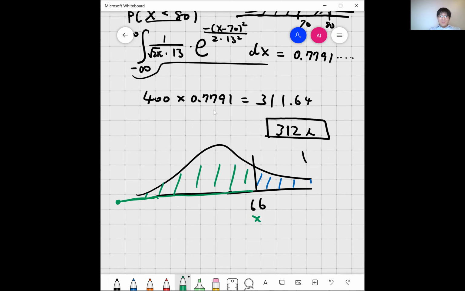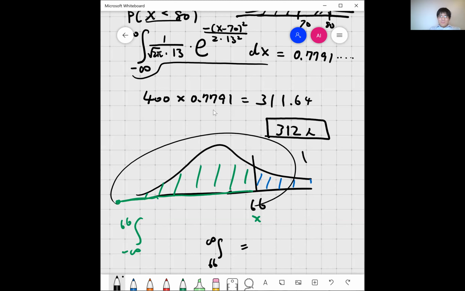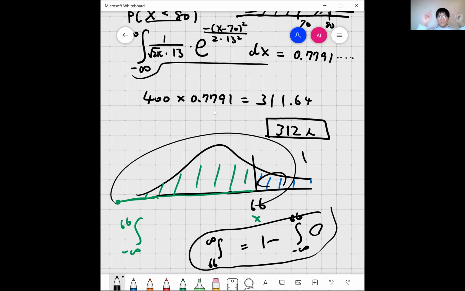So use the calculator to find negative infinity to 66, and subtract that number from the entire area. 66 through infinity is equal to 1 minus negative infinity to 66. You find the green part using the calculator, and subtract that number from 1 to get the blue area.